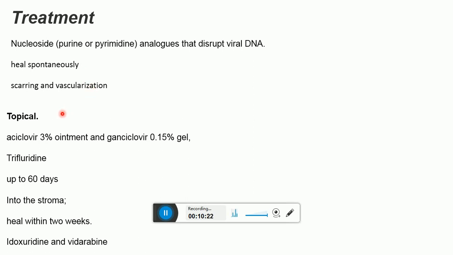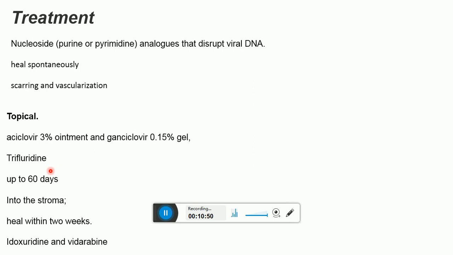Topical treatment. The most frequently used drugs are acyclovir 3% ointment and ganciclovir 0.15% gel, each administered 5 times daily. Trifluridine is an alternative, requiring instillation up to 9 times daily until the epithelium closes, then 5 times daily.